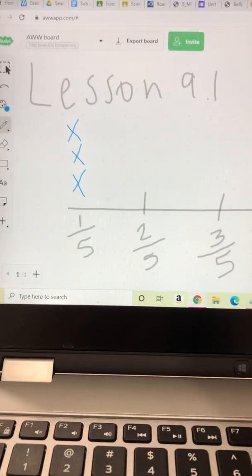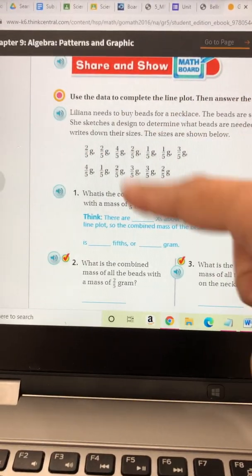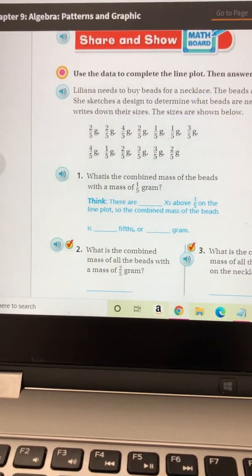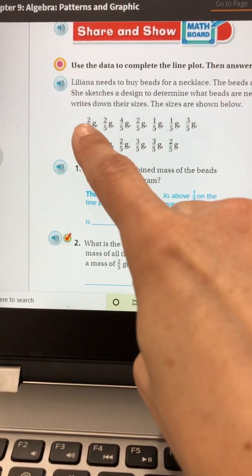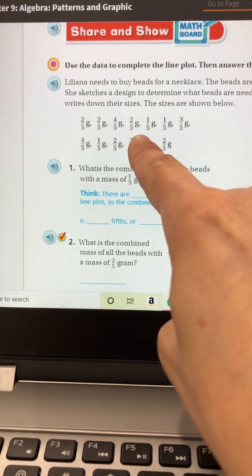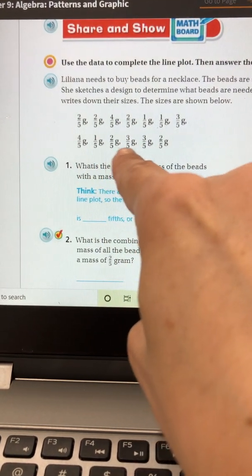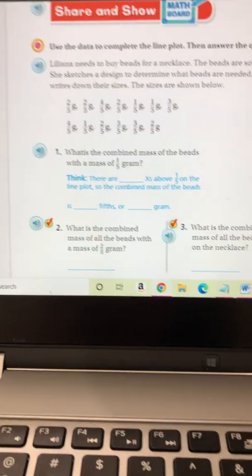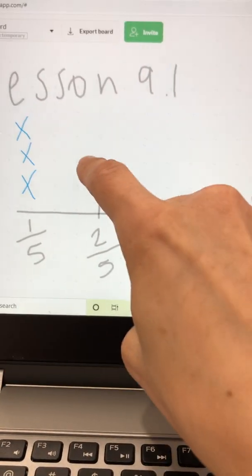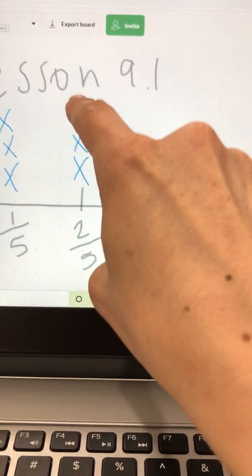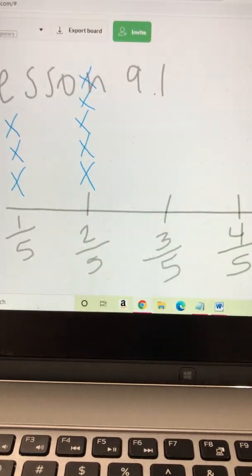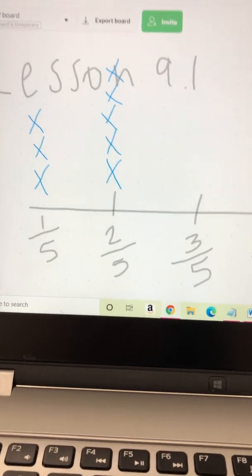Now let's count how many 2/5 we see in this sequence so we can plot them into the line plot. There's 1, 2, 3, 4, 5. So that means we're gonna have 5 x's for 2/5. 1, 2, 3, 4, 5. And I didn't have enough space, so I have to go over what I wrote.